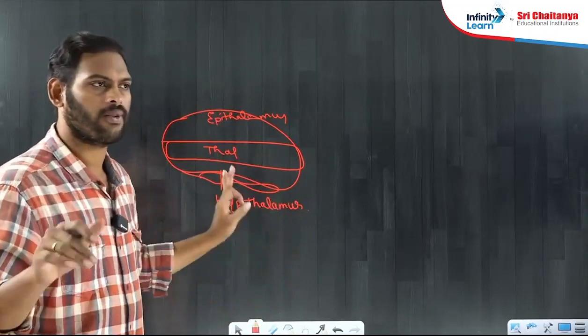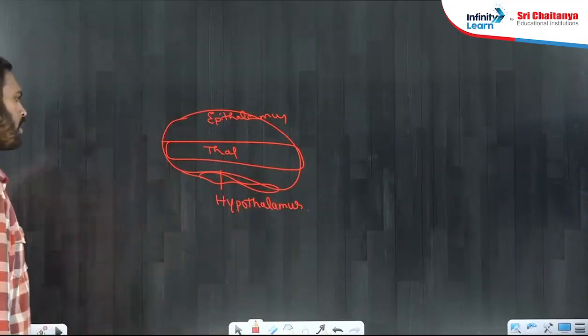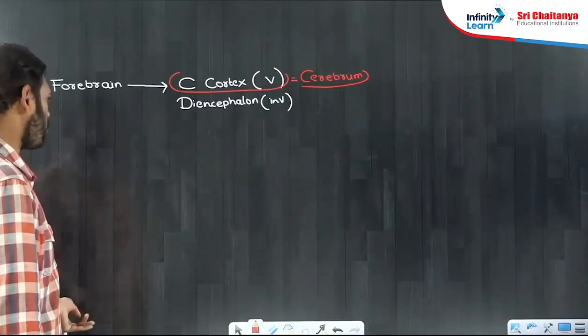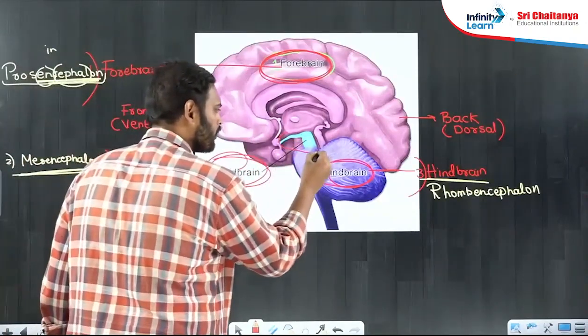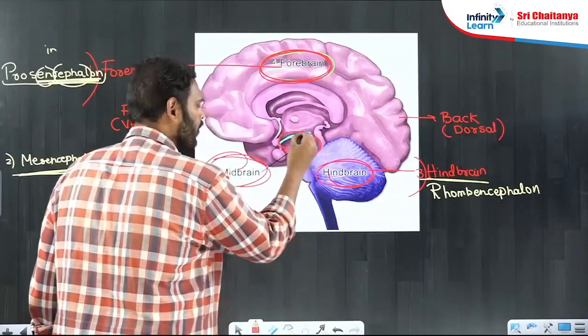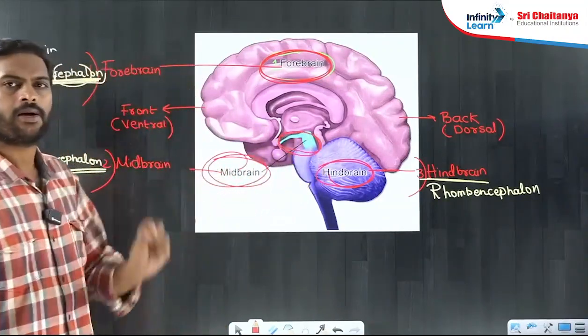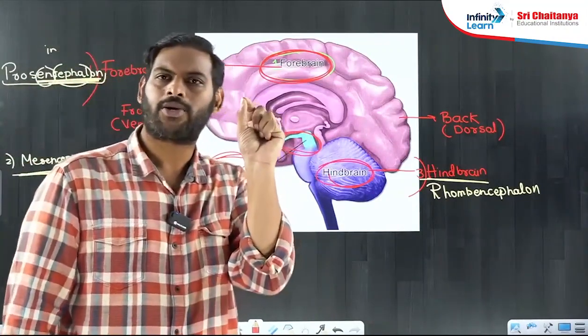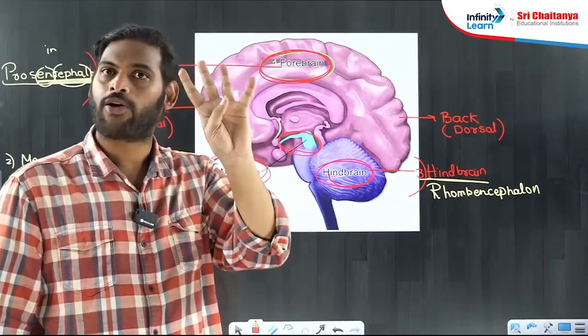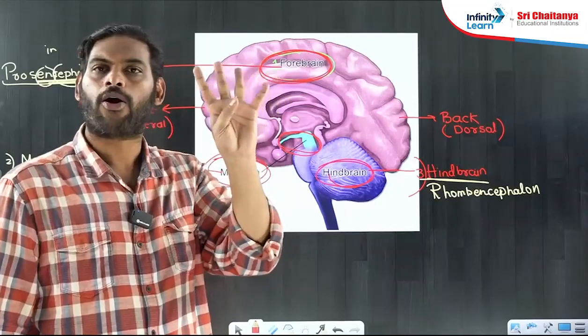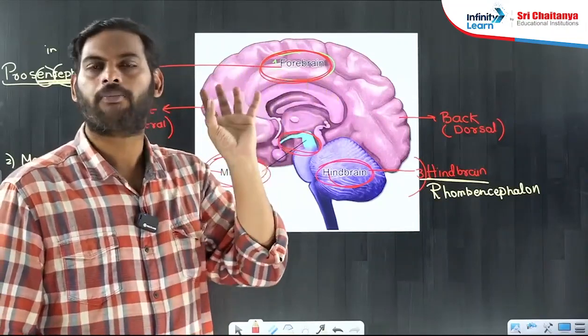That's it. Okay. And just below the forebrain, there is the midbrain, right? The midbrain has bulb-like structures called colliculi, and there are four colliculi, therefore corpora quadrigemina.